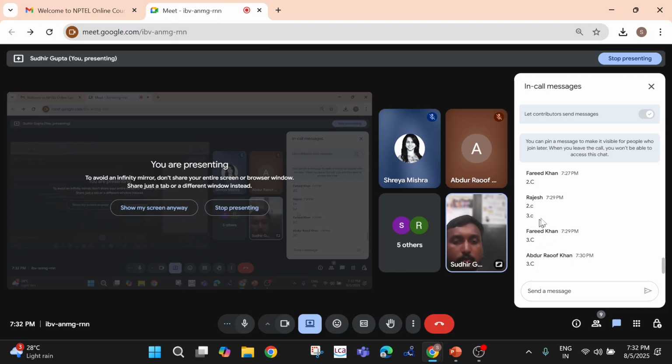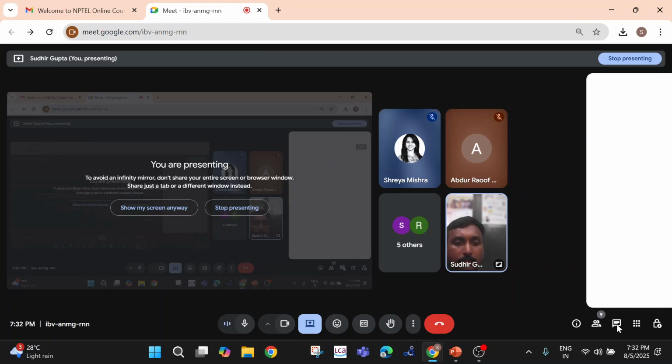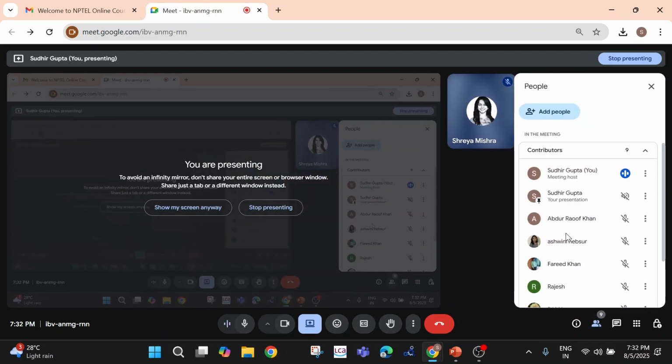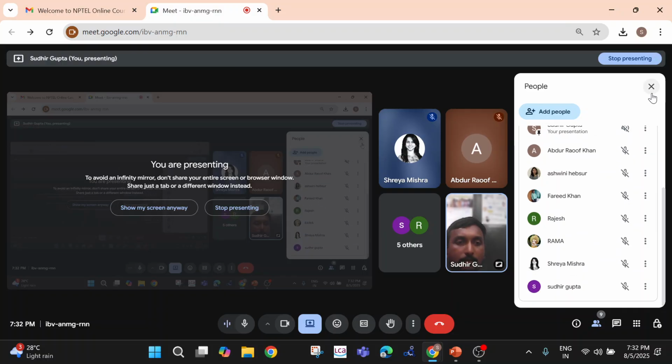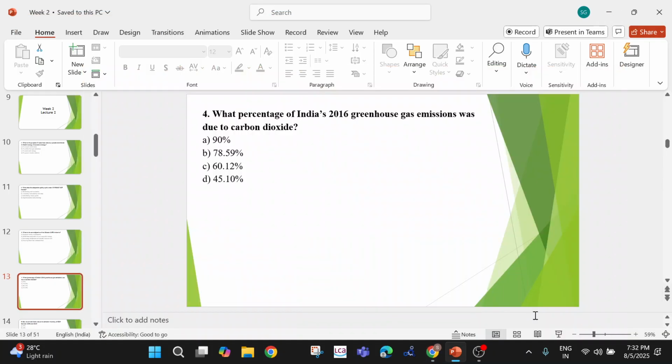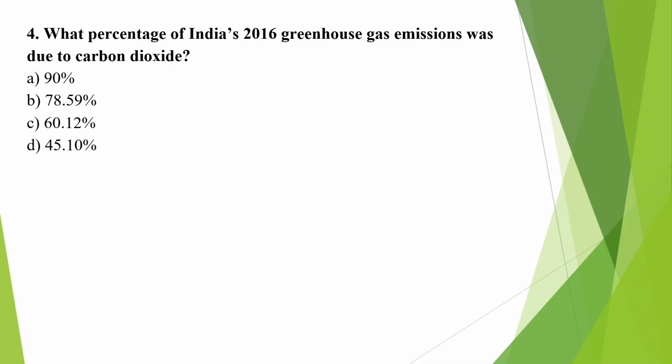Okay, so for the fourth question, none of you have answered yet. All of you are thinking, and we are having 6 participants. So out of 6, try to recall and give the suitable answer, then we can discuss it later on. Out of the four options, which option is the appropriate one? What percentage of India's 2016 greenhouse gas emission was due to carbon dioxide?